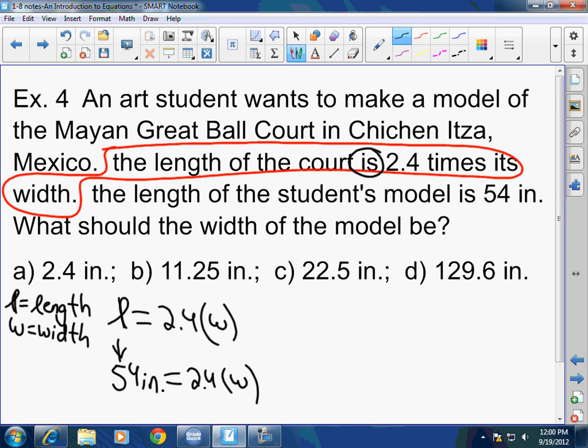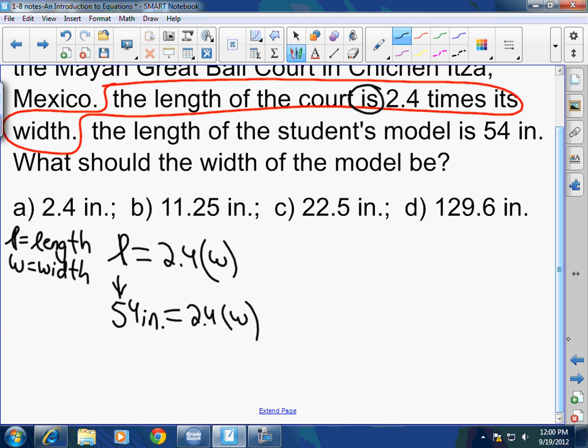Okay, now. It says, what should the width of the model be? So we're trying to solve for W. Before we start plugging things in, because the proper way to do it is to evaluate and plug in W as 2.4, then as 11.25, then as 22.5, then as 129.6.